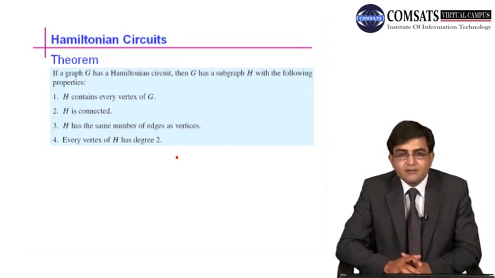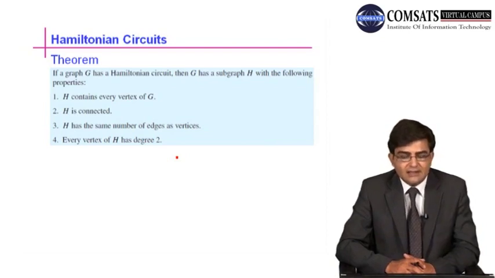H contains every vertex of G, that is, every vertex will be also in H. H is connected, H must be connected. H has the same number of edges as vertices. Here it's an important condition, we'll discuss it in the example. The fourth condition is every vertex of H has degree 2. This is another important condition we shall discuss in constructing Hamiltonian circuits.